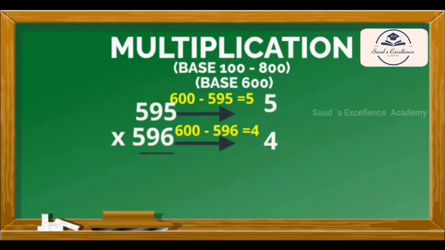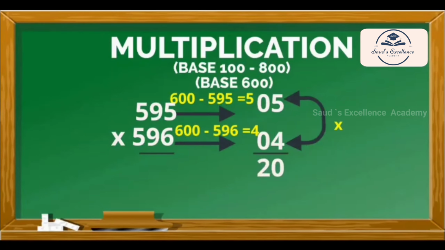Next we subtract the second number 596 from the base 600, which equals 4. We add 0 before. Now we multiply both digits, 5 times 4 equals 20. We write 20.